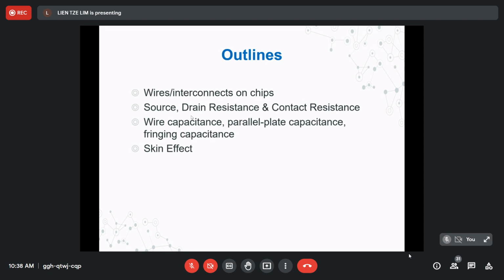And other than resistance, there is capacitance. The capacitance here includes wire capacitance, parallel plate capacitance, and fringing capacitance. And there is also one effect we call the skin effect. So what is skin effect? It will be discussed during the lecture class. All these will be covered under this topic.